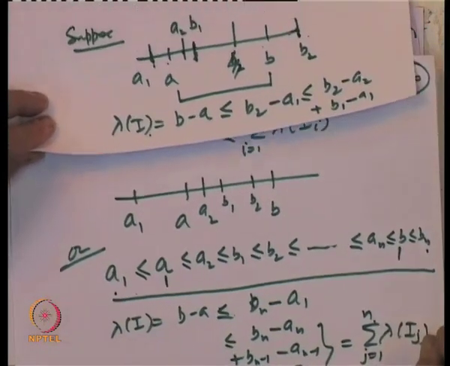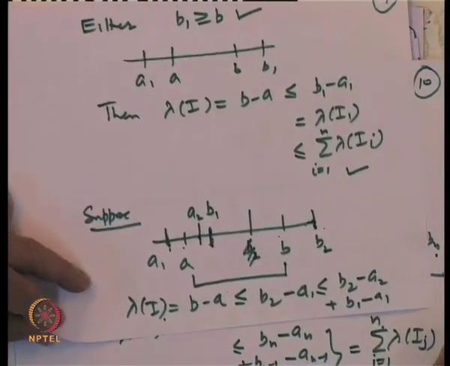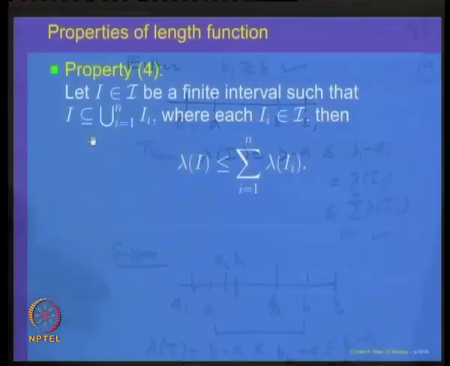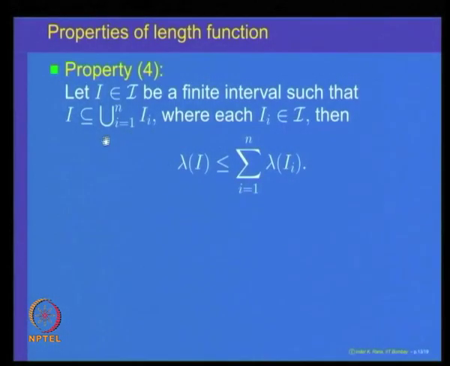So, whenever we are in a finite stage, the endpoints can be rearranged nicely, and we get the property, namely the length function has the property that whenever an interval I is covered by a finite union of intervals, then the length of I is less than or equal to summation length of I i's.